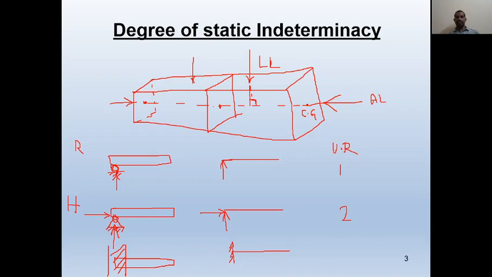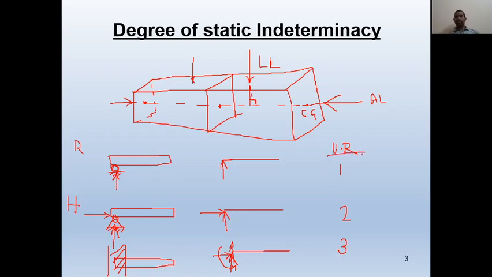So this means we have a vertical reaction over here, similarly horizontal reaction. Also we have a moment, rotation reaction or moment over here. Like this we have three unknowns in case of a fixed support beam, right?